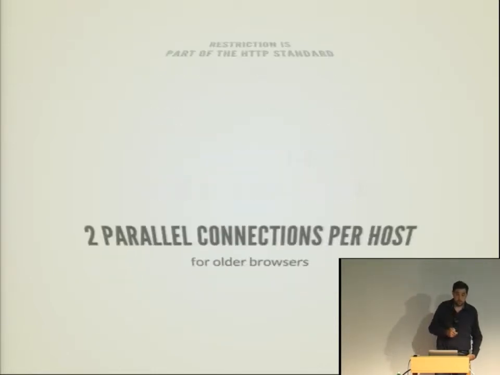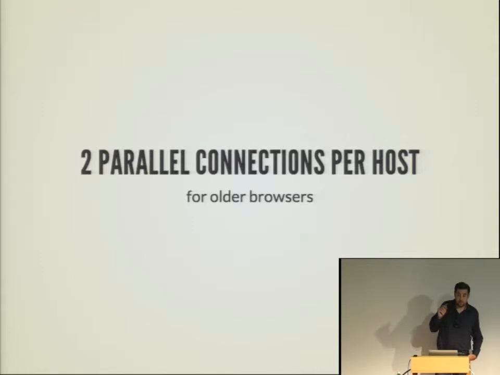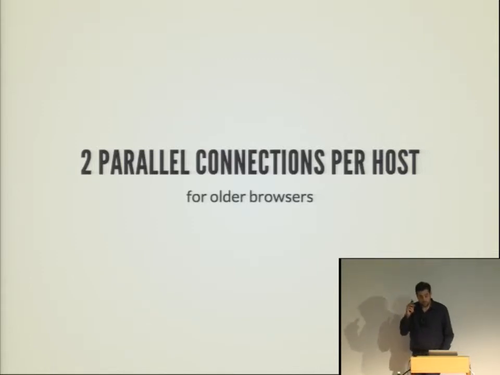The HTTP standard says you should only have 2 parallel connections per host. This is because HTTP should scale. So if the browser really would do that, fetching all the 50 graphics at once, we would have a problem with our servers.